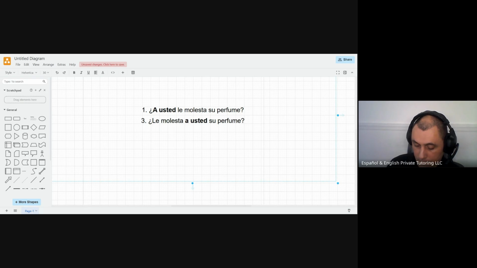Page 155 looks like they are trying to help you understand how to form a question. I don't see it here, unfortunately. It's like they're not explaining this well. So put it on page 155, because this is another way, a more professional and common way, to do a question with a VCC verb. You just take the indirect object and place it after the verb.